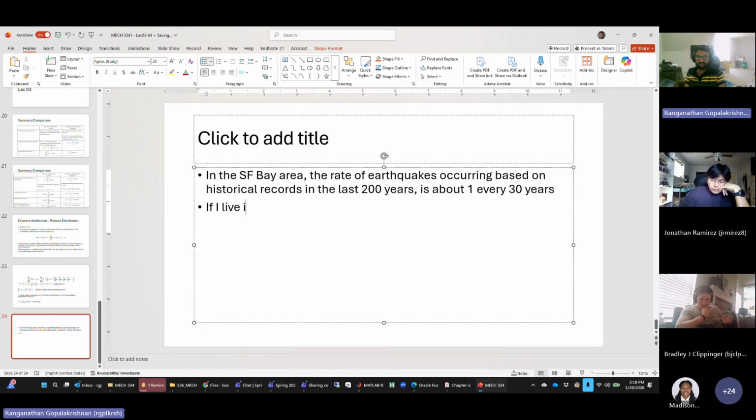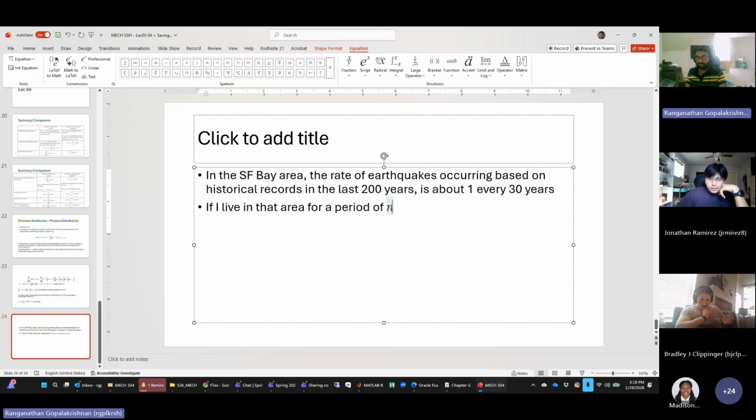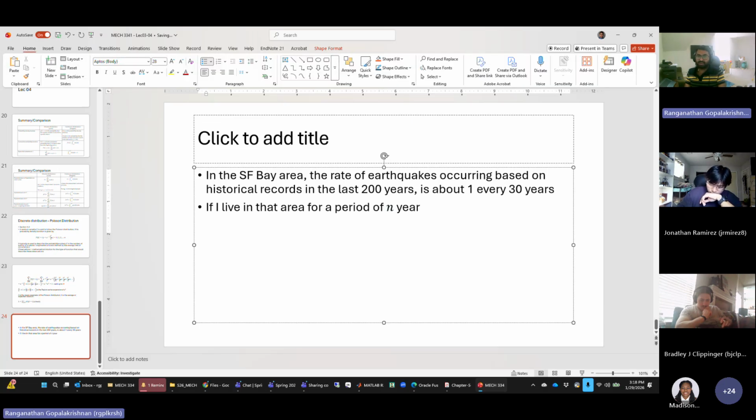If I live in that area for a period of, let's say, n years, I'll give different values of n. That's why I'm keeping it as n.